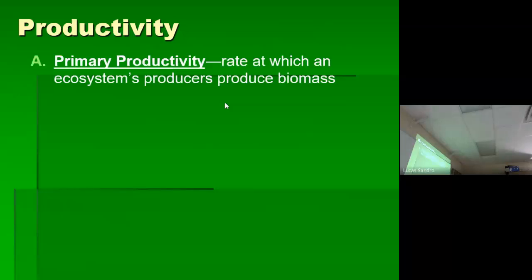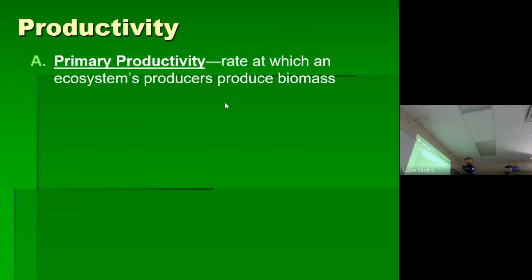we got to talk about productivity to really understand this. Productivity in ecology is a term we use specifically. Primary productivity is a term we use for how fast the plants in that ecosystem can put on weight.